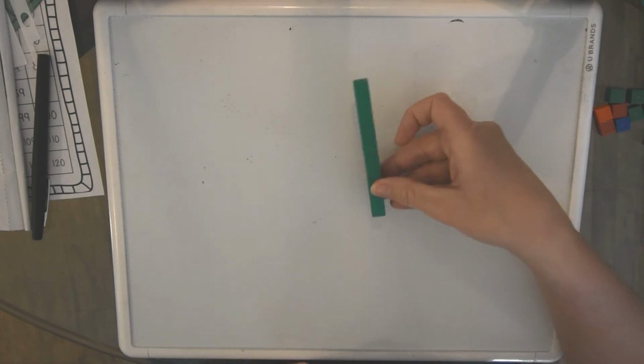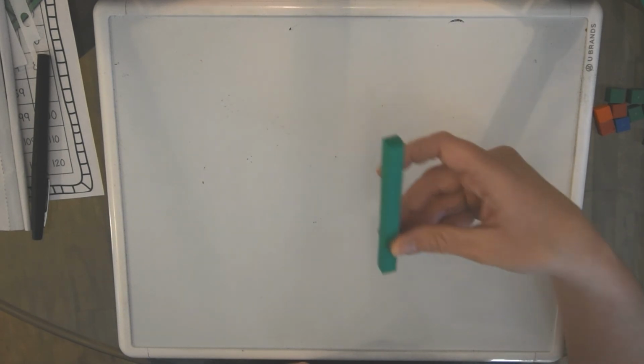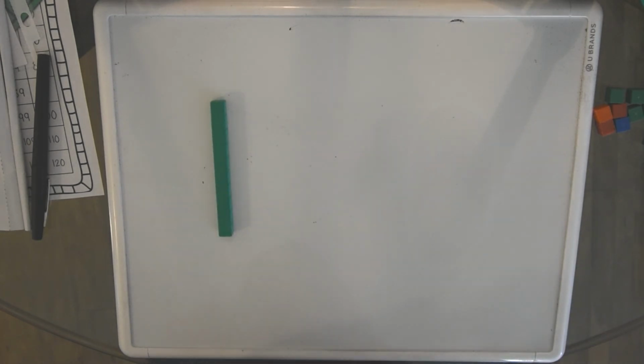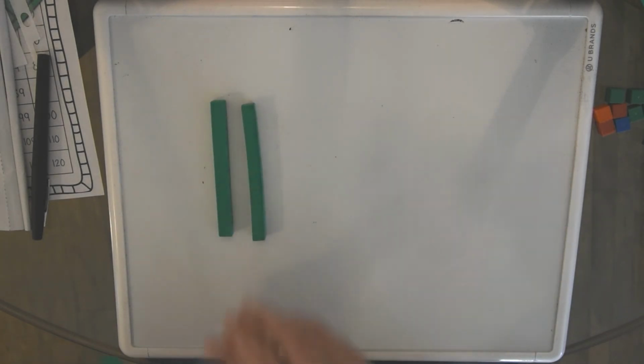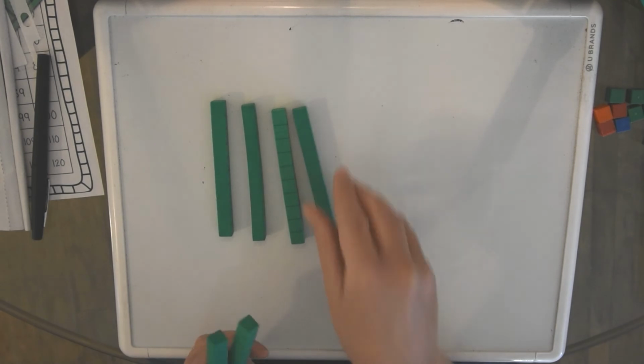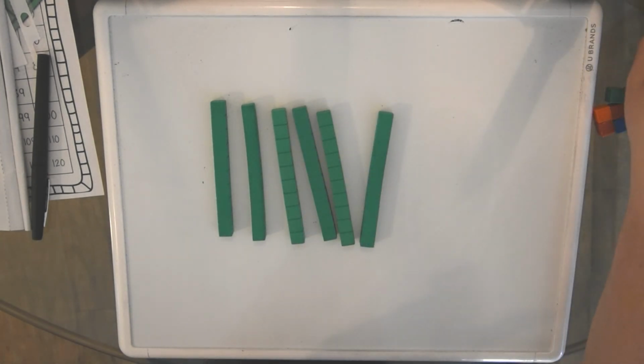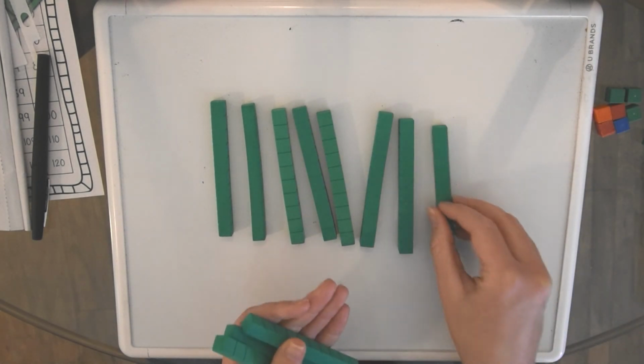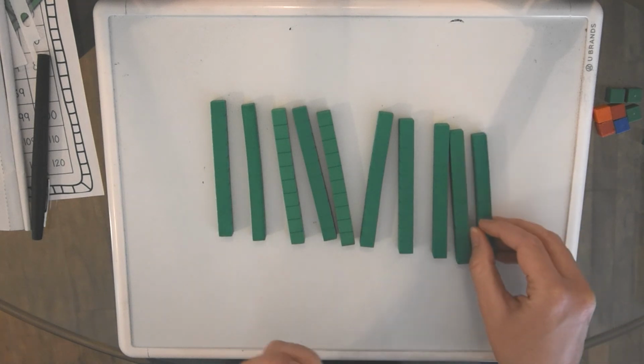So first thing, it says 11 groups of 10 buttons. Okay, well, if she has 10 buttons, then I can use a 10. So she has 11 groups of 10 buttons, so I'm going to show 11 tens. 1, 2, 3, 4, 5, 6, 7, 8, 9, 10, 11.